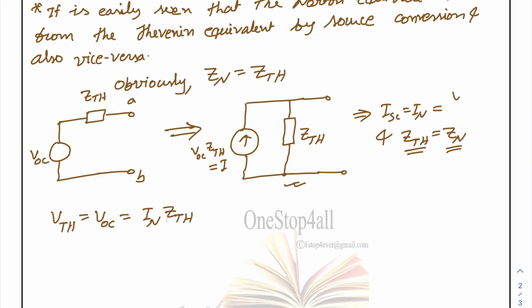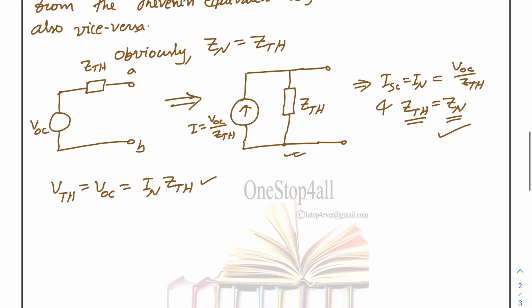Current will be voltage VOC divided by ZTH. So there is an error here. Okay, because this I means this current is what? Simple, that is VOC divided by ZTH. Okay, so there is a mistake, now it's okay. Okay, so VTH will be IN into ZTH. This is simple.